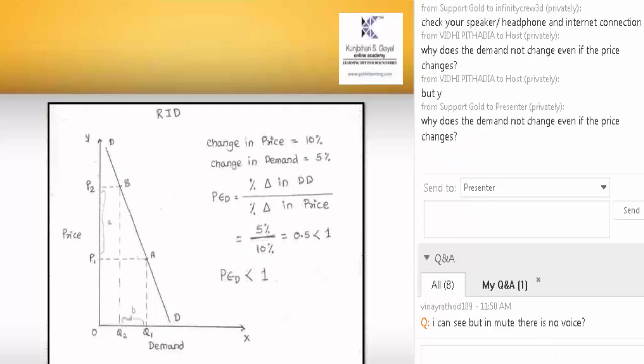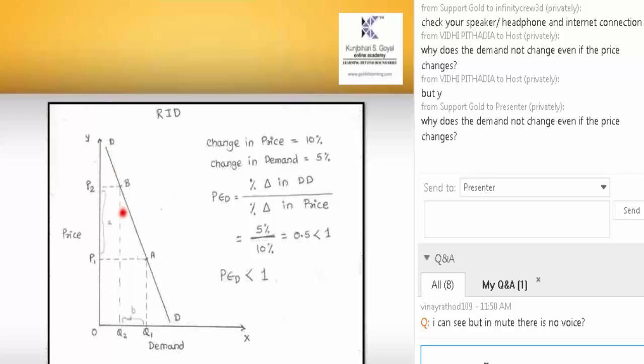Remember, inelastic, correct? So perfectly inelastic was a vertical straight line. Now we have to make a line or demand curve which is closer to the vertical straight line. How will it be? A steeper demand curve. Here we have drawn a steeper demand curve. How will you draw a steeper demand curve? Draw the x-axis and y-axis. Start drawing the demand curve from the top end of the y-axis.